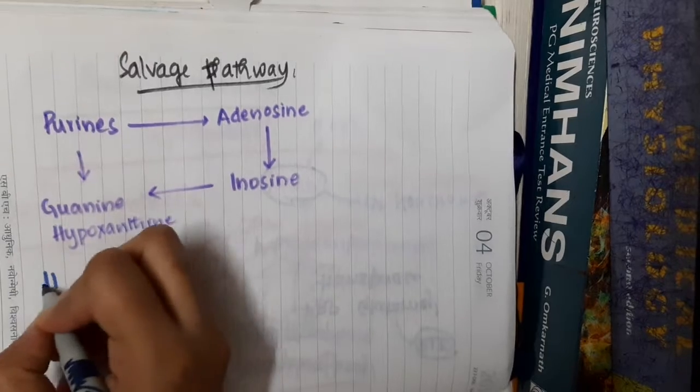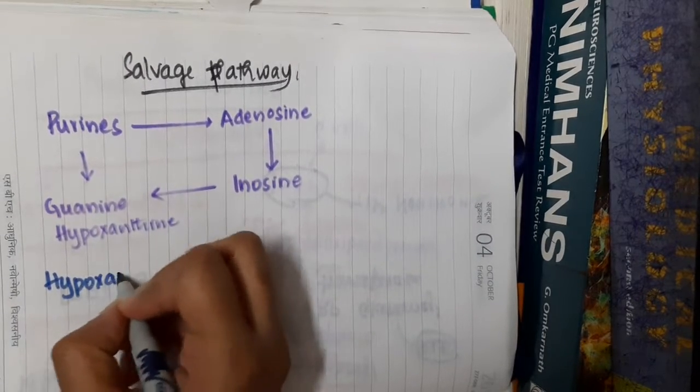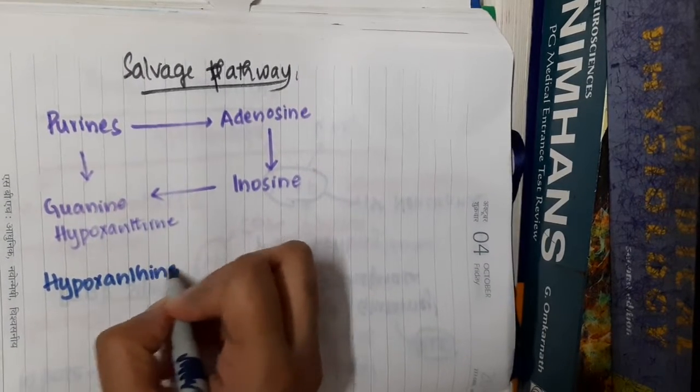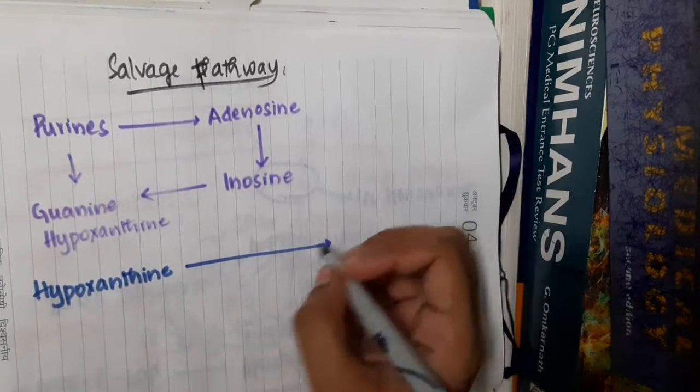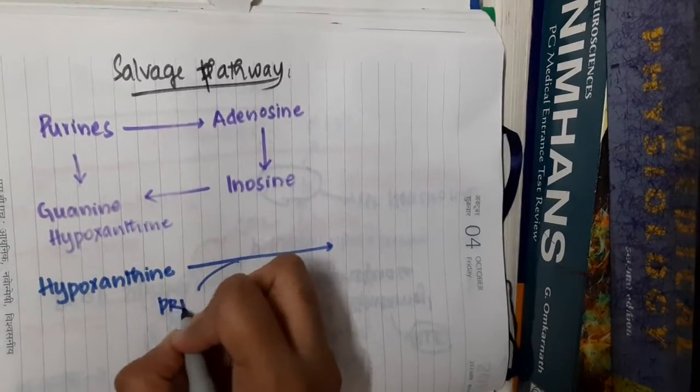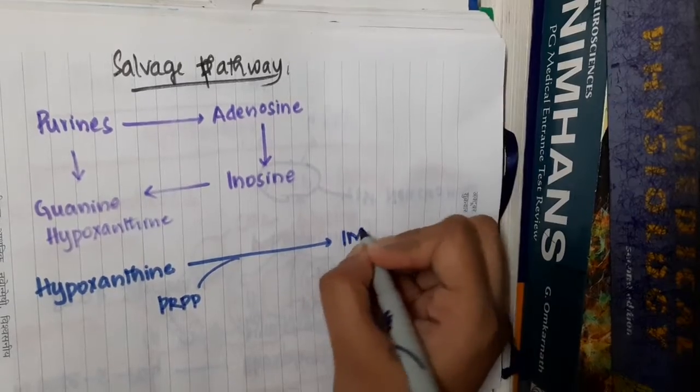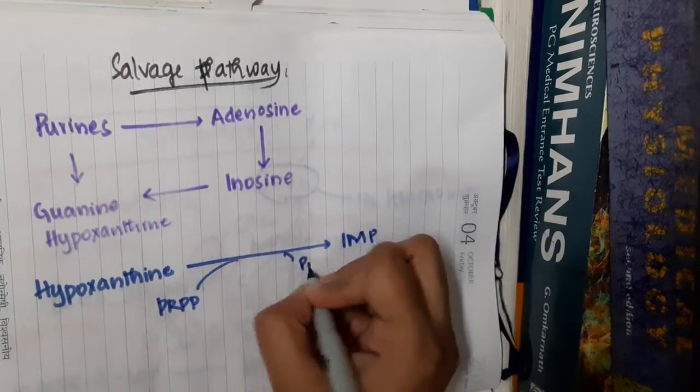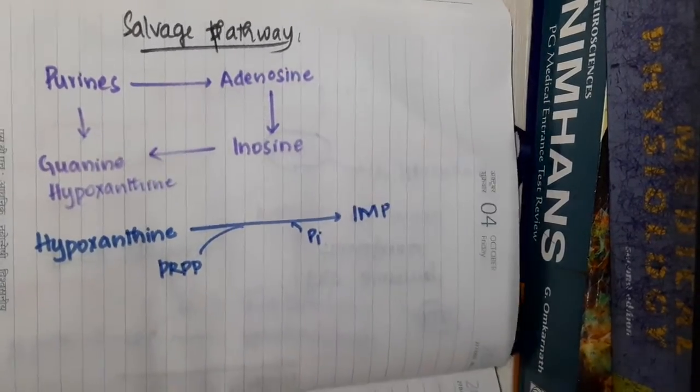Hypoxanthine, in the presence of the enzyme hypoxanthine guanine phosphoribosyl transferase along with PRPP, forms inosine monophosphate and inorganic phosphate is released.